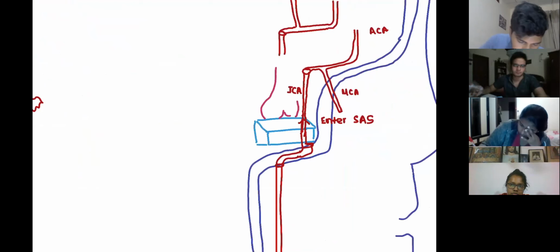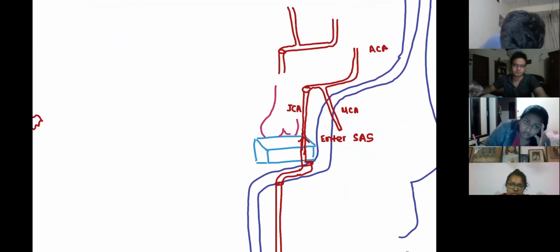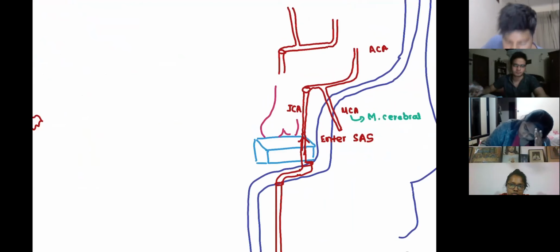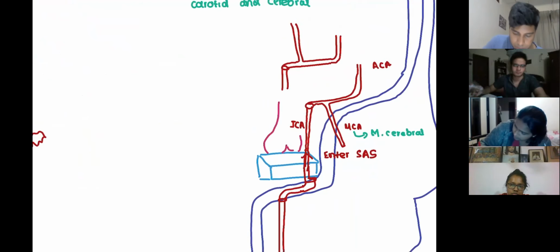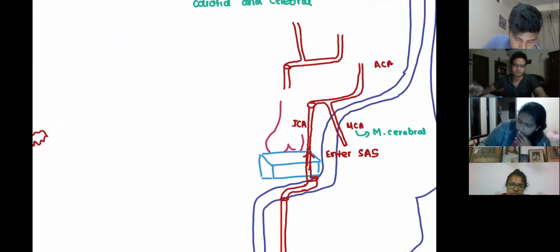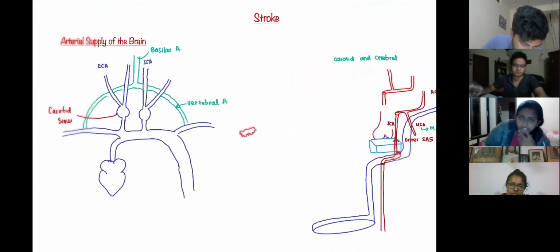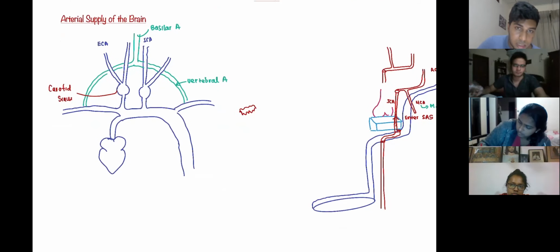This is called the middle cerebral artery, because it's in the cerebrum. Okay, anterior cerebral artery. This is the internal carotid artery. Sorry, I keep mixing those names up. Sorry for that. We'll talk about the posterior cerebral arteries.